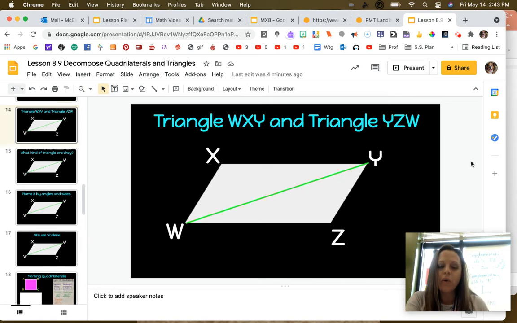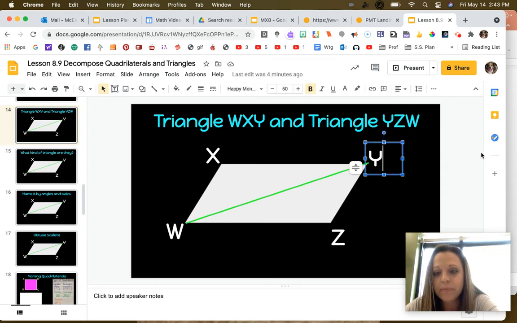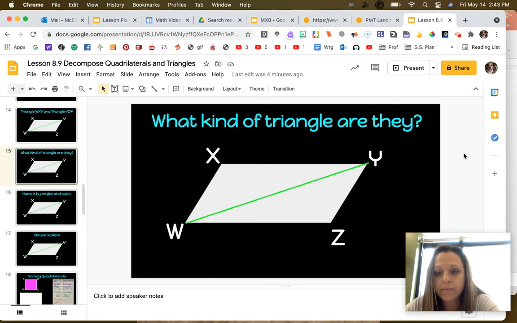So now we're going to take a look at these triangles. So we have triangle WXY. Okay, here's WXY. And we have triangle YZW. What kind of triangle are they?